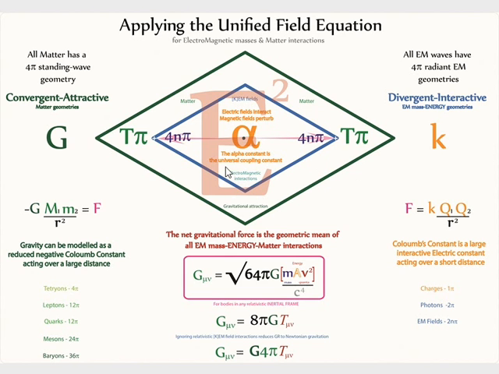In doing that, we can distinguish between where the Coulombic charge interaction takes place versus the convergent attractive only force of gravitation, or energy density, that creates the fictitious or fallacious force of gravity.